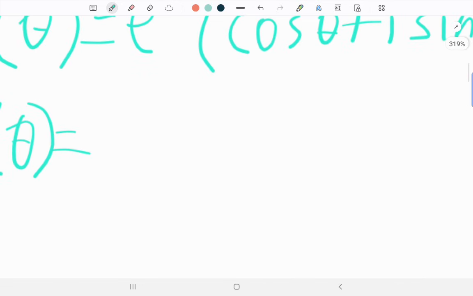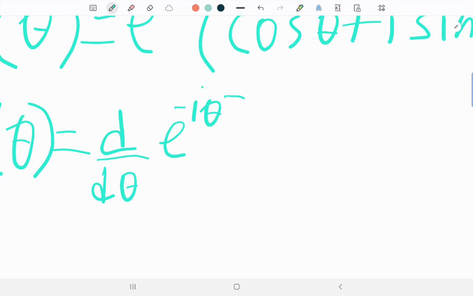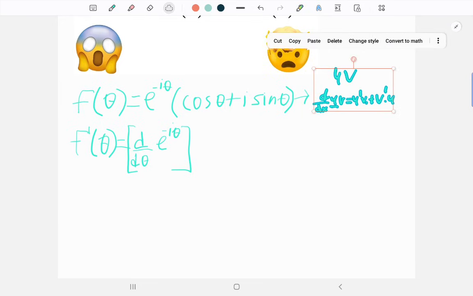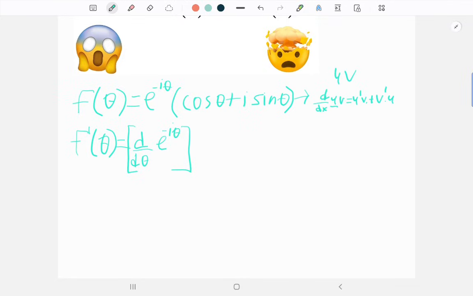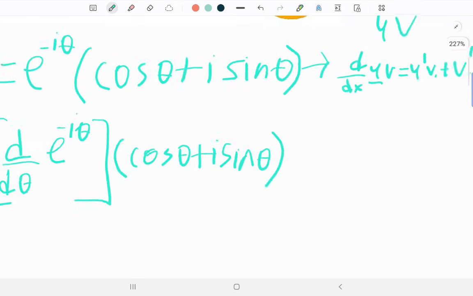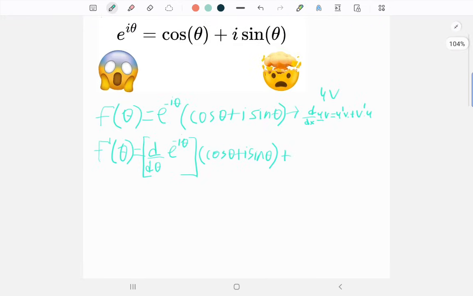So we first find the derivative in terms of theta of e to the negative i theta. So let's give that a small box here first. And then the derivative of e to the negative i theta is multiplied by cosine of theta plus i sine of theta.